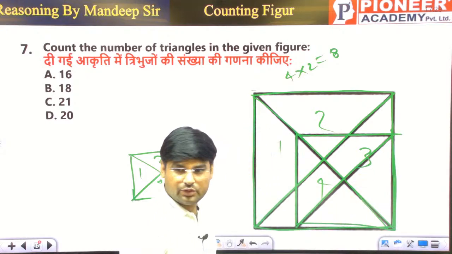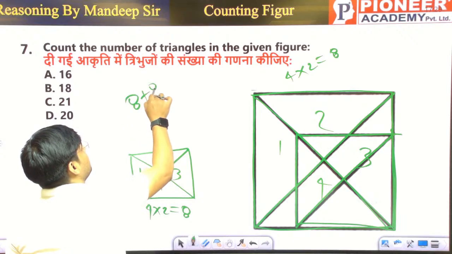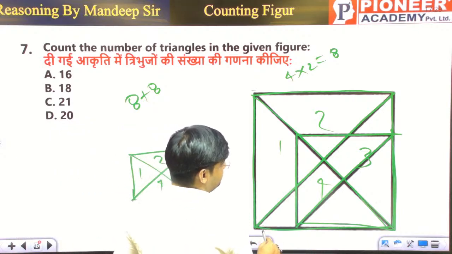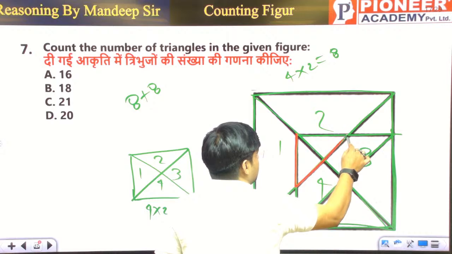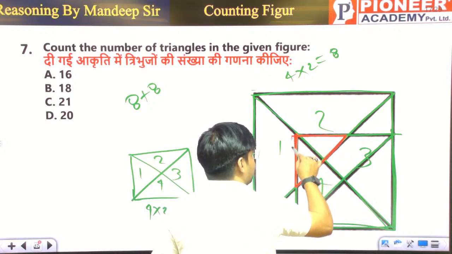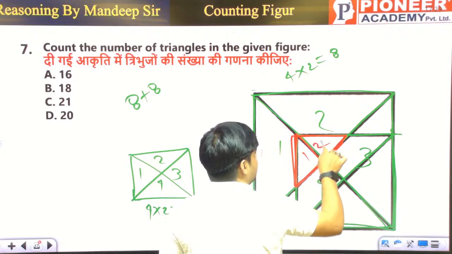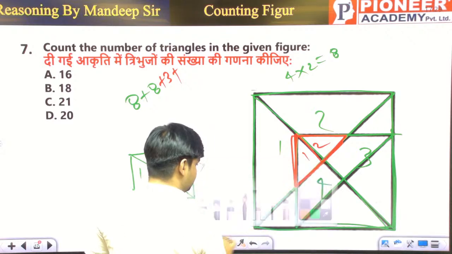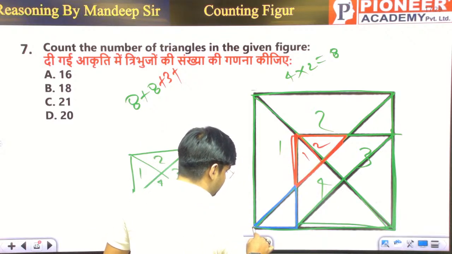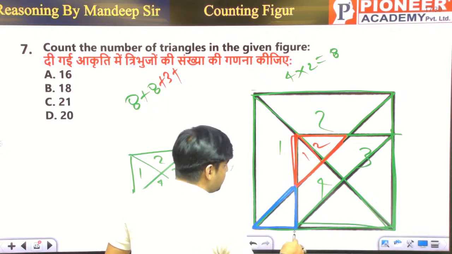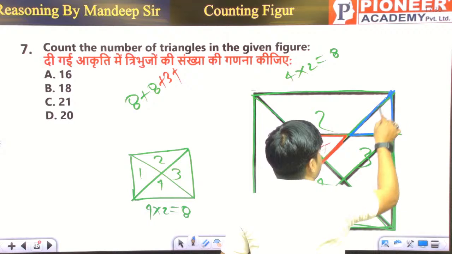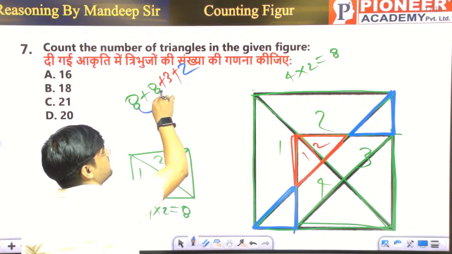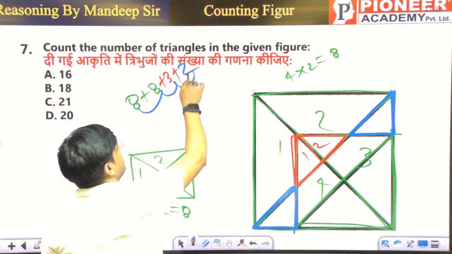In this figure, 8 also. 8 plus 8. And in this figure, 1, 2, 3 and 2 more. 8 plus 8, 16, 16 plus 3, 19, 19 plus 2, 21.